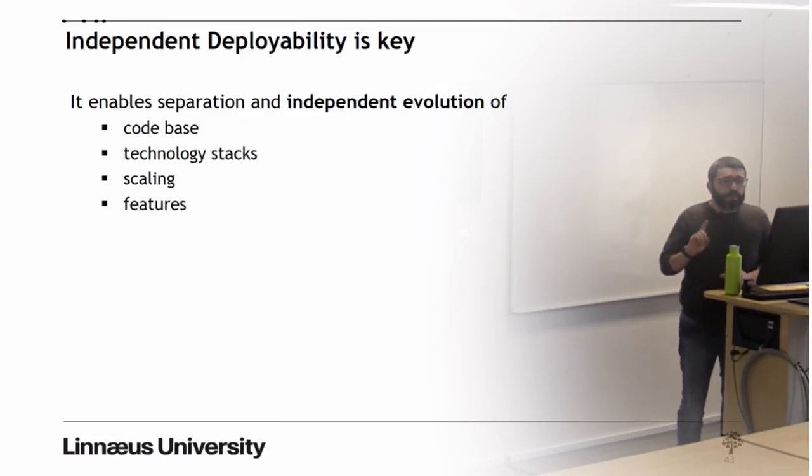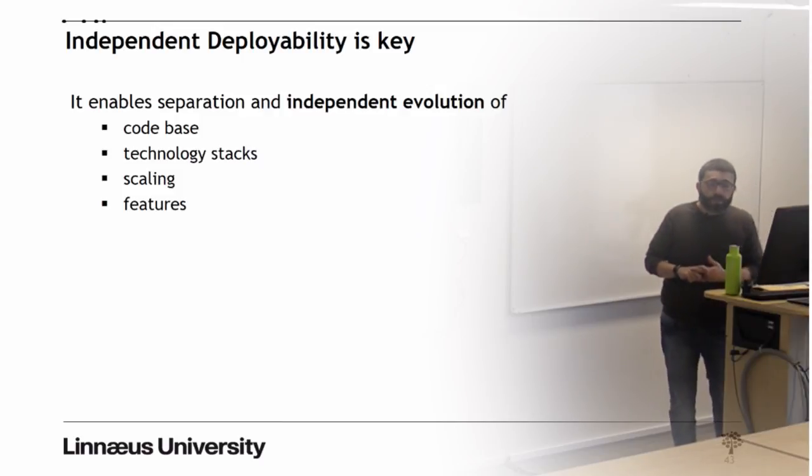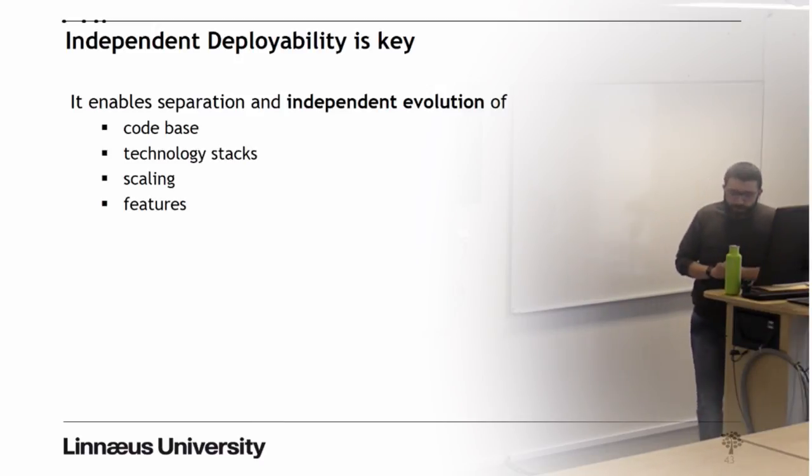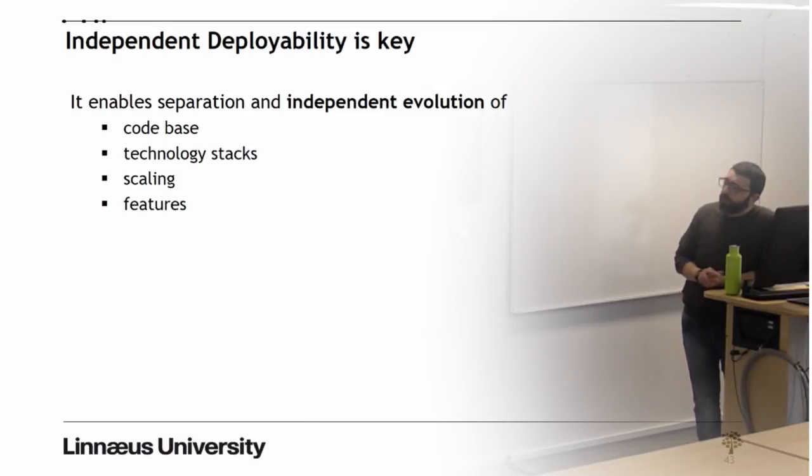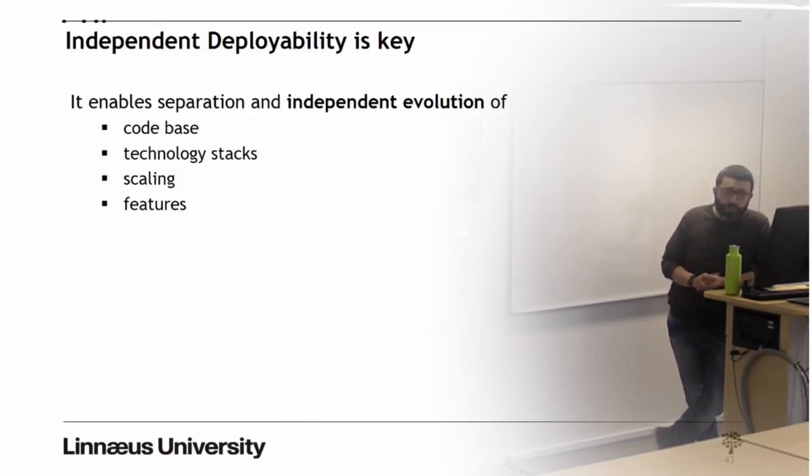You can use a different technology stack. For example, you can create one microservice using a Linux stack, and another microservice running on Amazon cloud, exploiting the Amazon technology stack.